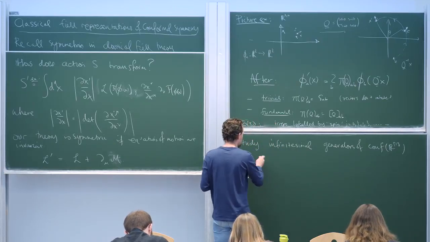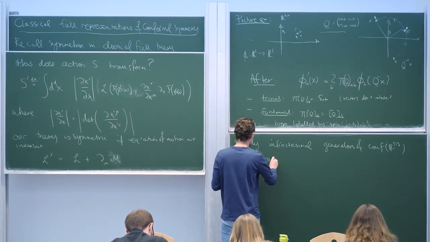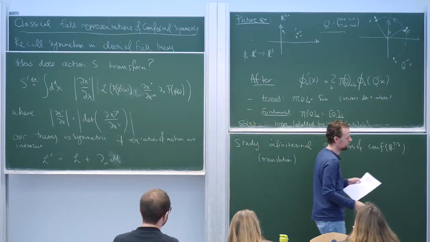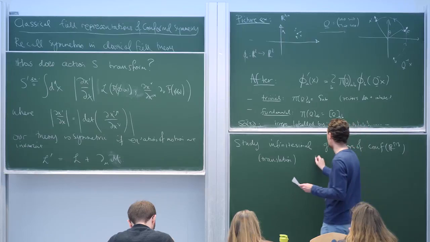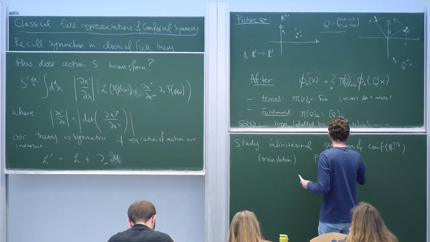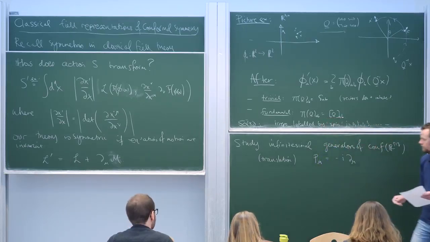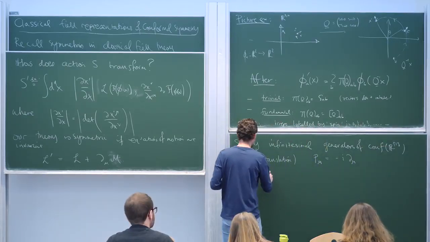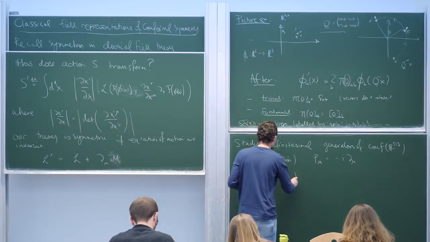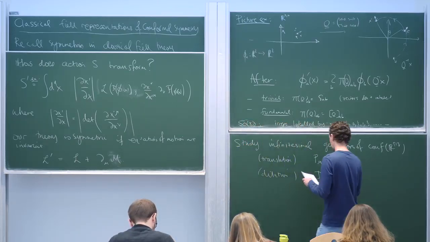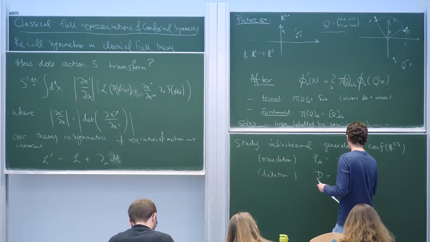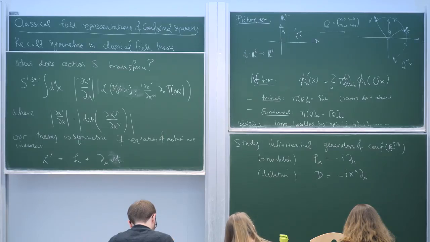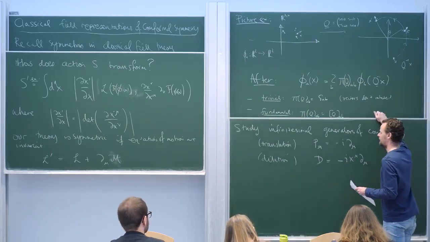Just recall we've got names for them. The infinitesimal generator of translations is momentum, called P mu. The infinitesimal generator of dilation is called D for dilation, and it's given by minus i x mu d mu.